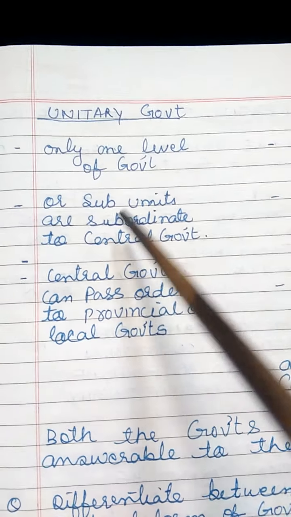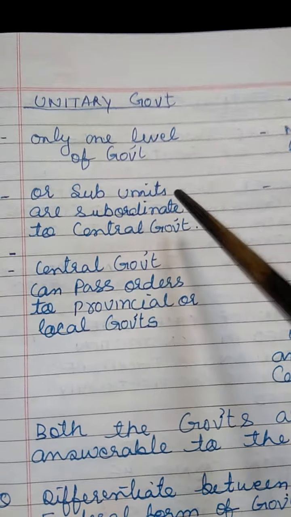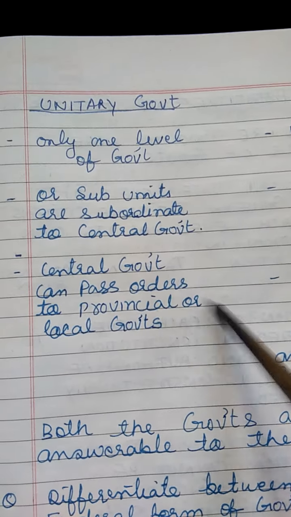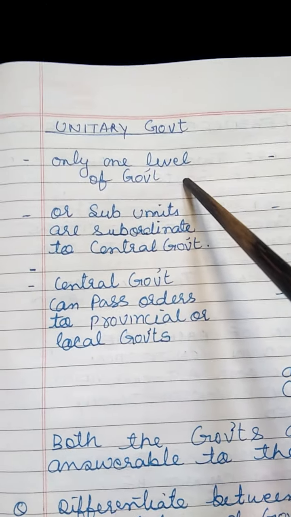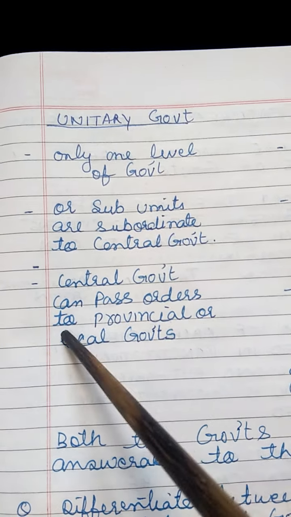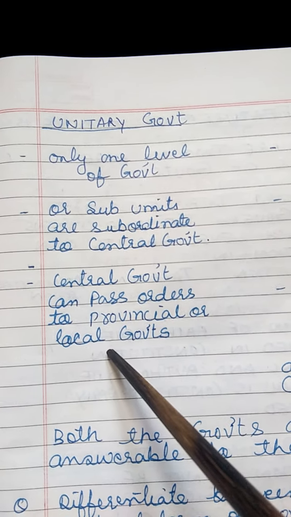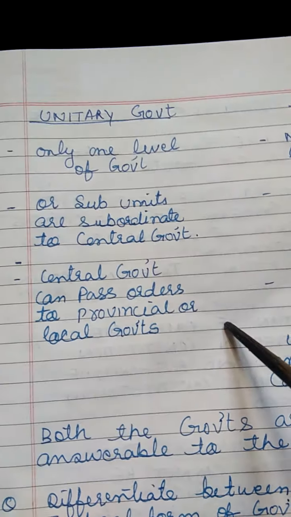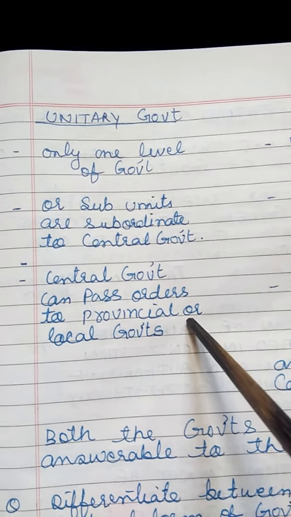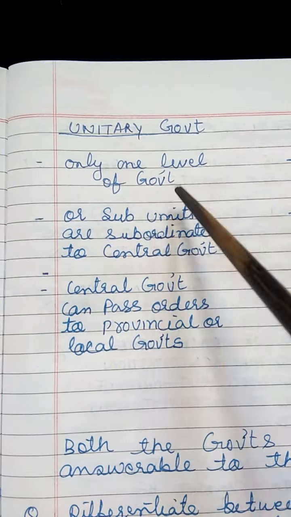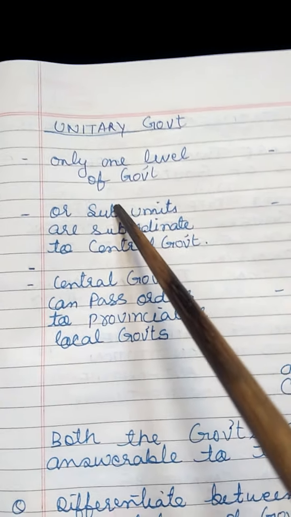In case there are subunits, in case there are other levels of government also, all those subunits will be subordinate to the central government. And the central government can pass orders to provincial or local governments. So these state governments or provincial governments are not independent. They are subordinate to the central government in the unitary form of government.